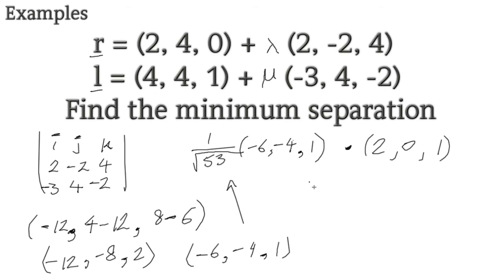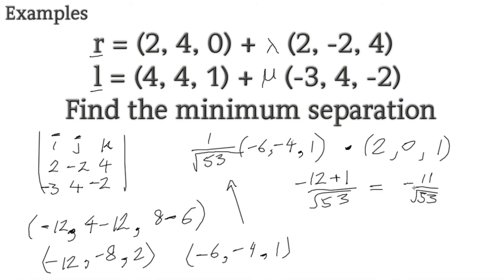And now we do the dot product. Should give me -6 times 2, -12, plus 1 times 1 is 1. This is the add on root 53. And this will give me -11 on root 53. So this will be the separation.